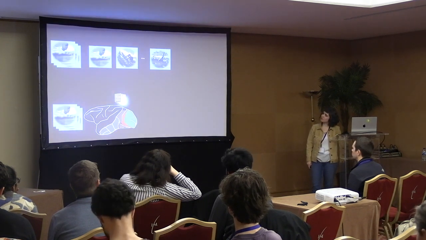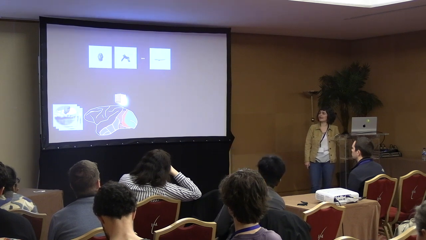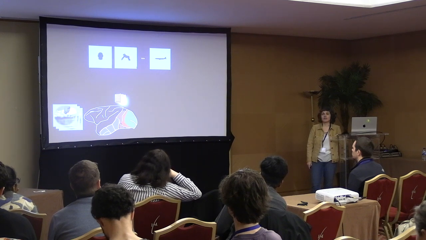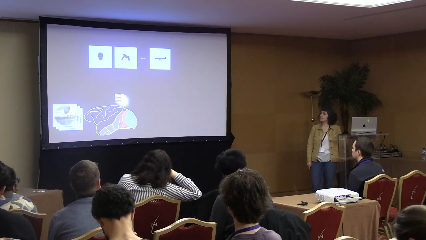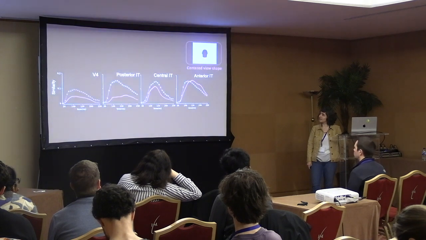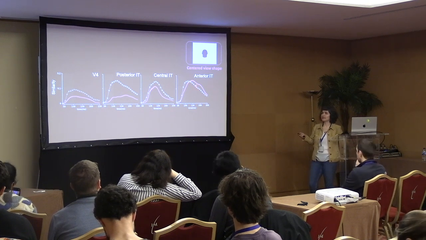That is, when the monkey actually sees these images, a more abstracted version of these images, like the centered view of the object, is what's encoded in anterior IT. So let's see. Can this centered view explain anterior IT or not? And as you can see, it does a pretty good job in explaining anterior IT, but mostly in the later part.